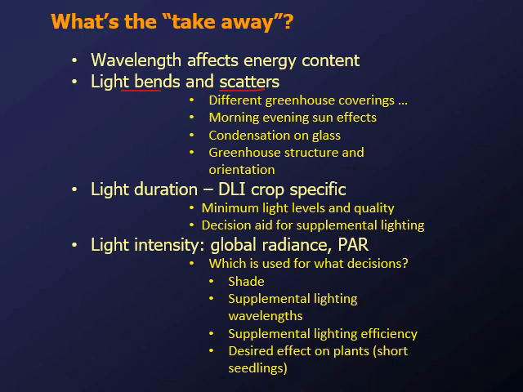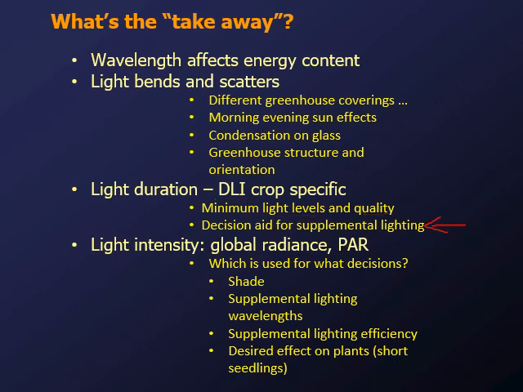And things like condensation can affect how much light passes through glass. We've looked at DLIs today, daily light integrals, and minimum light levels that impact quality, and we use that to determine when to turn on grow lights to make sure our crops are getting their DLI. It's like you getting enough calories to survive your day with all this online learning.